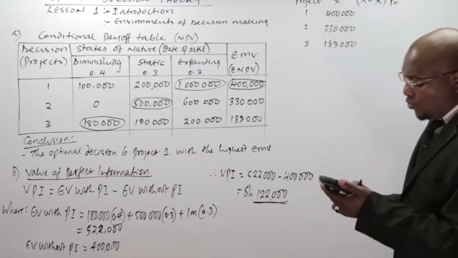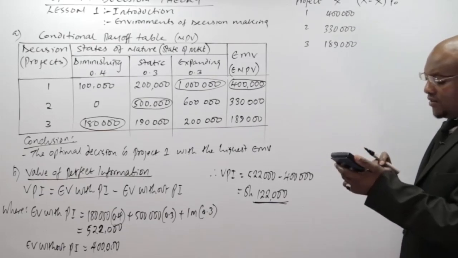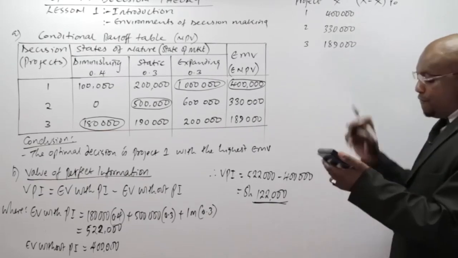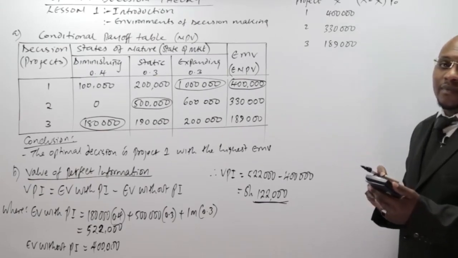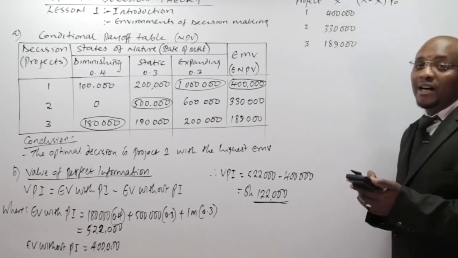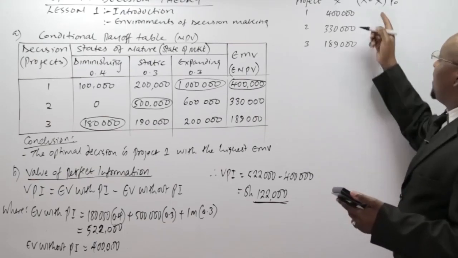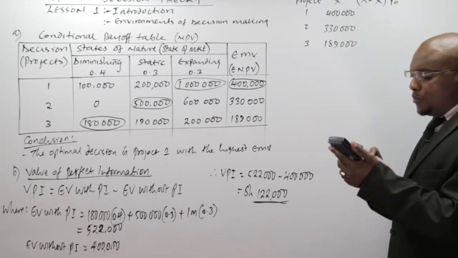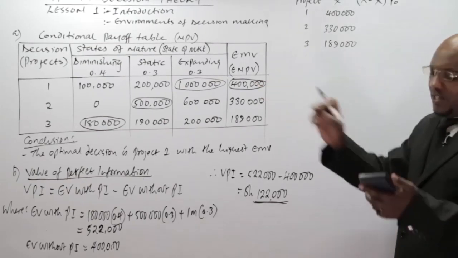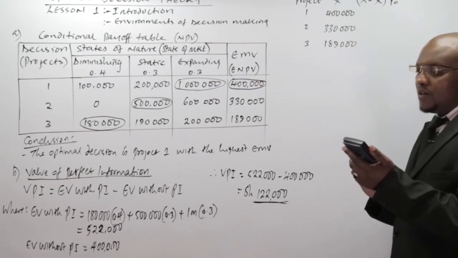If I take the first one as 100,000, I subtract 400,000, we have negative 300,000. Now we square it. Then you multiply by the probability, which is 0.4.